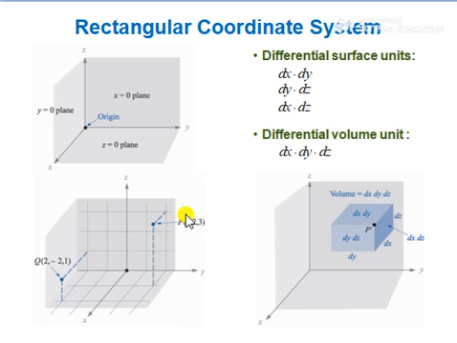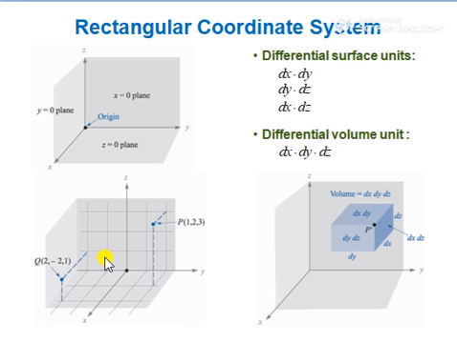Hence I can represent a point in space. You can also have a negative value for y, so you can have (2, -2, 1). This is how we represent a point in a rectangular coordinate system.